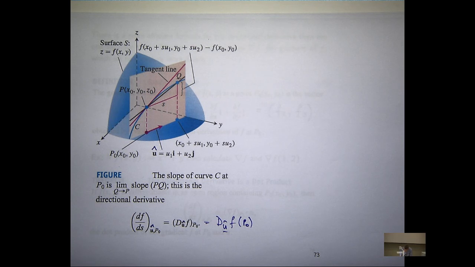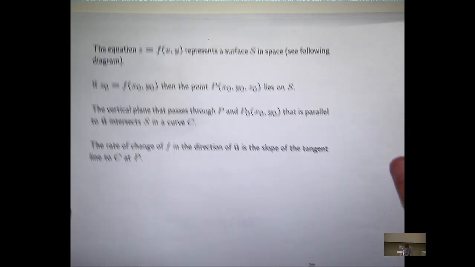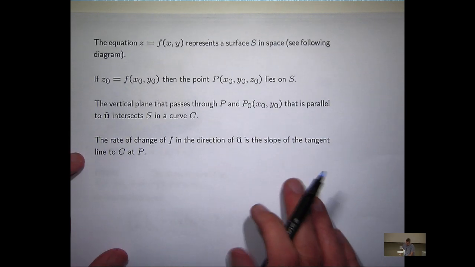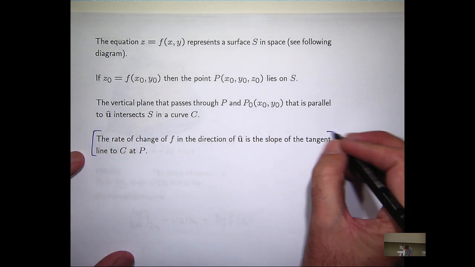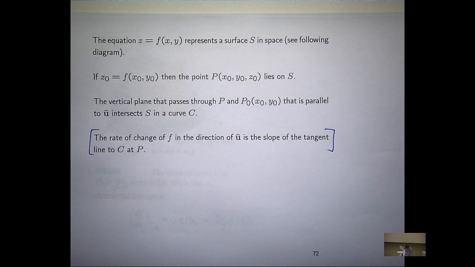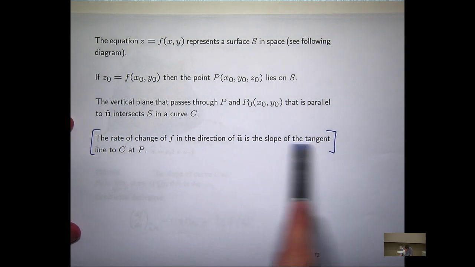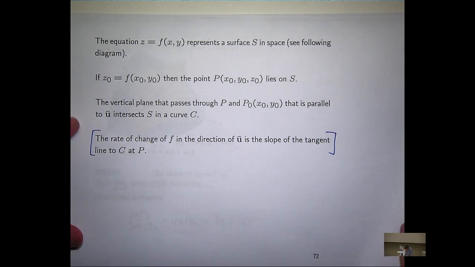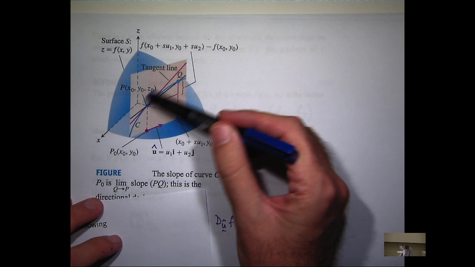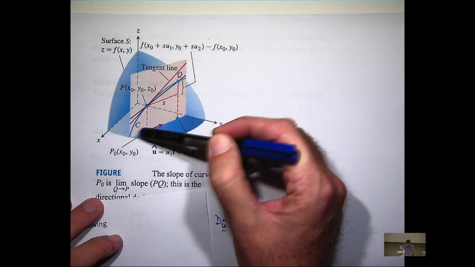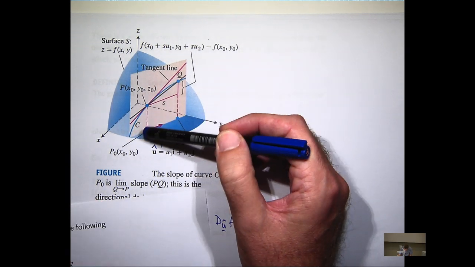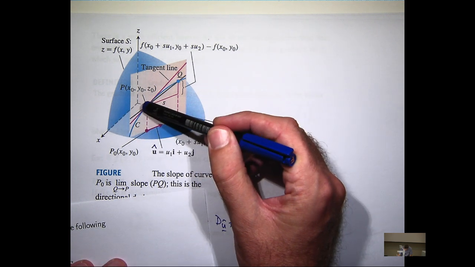Okay, so let's just put that into words. The rate of change of f in the direction of the unit vector u is the slope of the tangent line to this curve C at this P point up here.